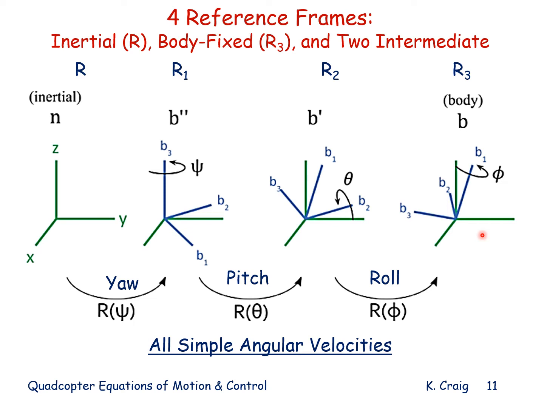I can describe it by moving from the inertial reference frame through two intermediate reference frames to the final reference frame by means of three simple angular motions, three simple angular velocities, which I can now combine in a matrix manipulation to represent the final angular motion, final angular velocity of the quadcopter with respect to the inertial reference frame.